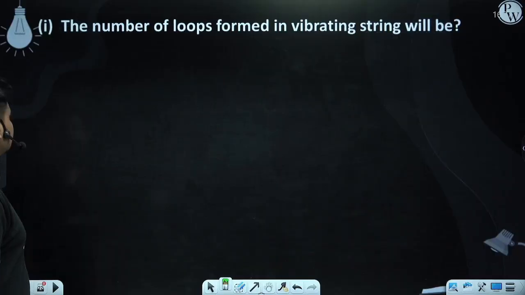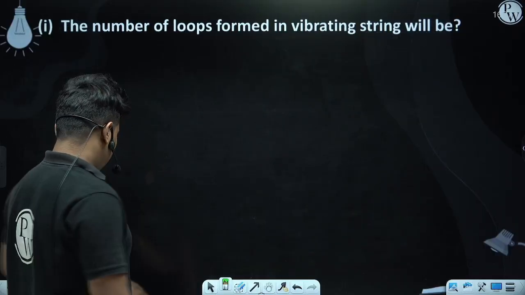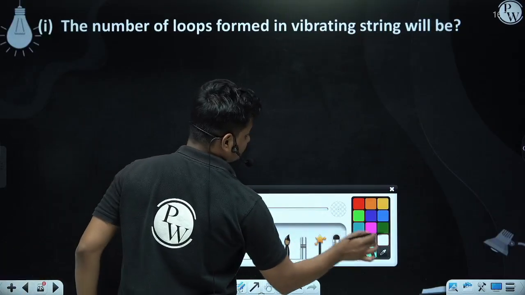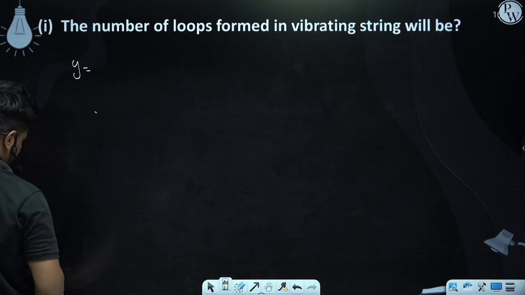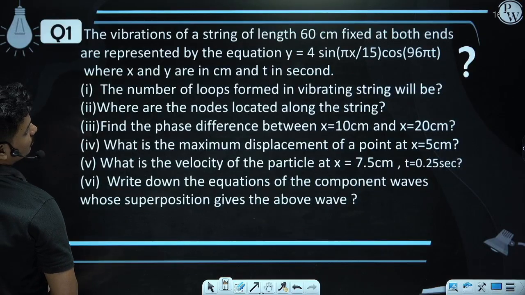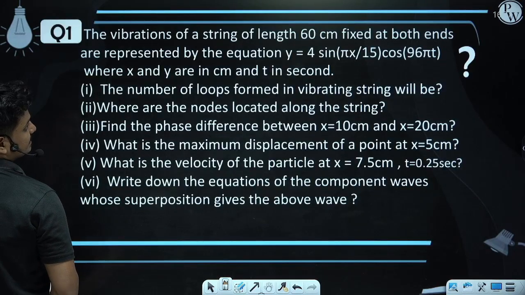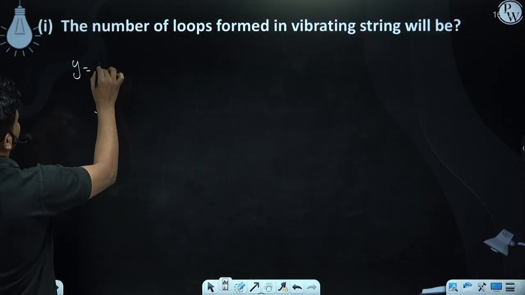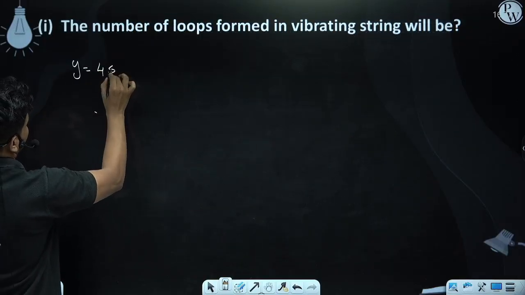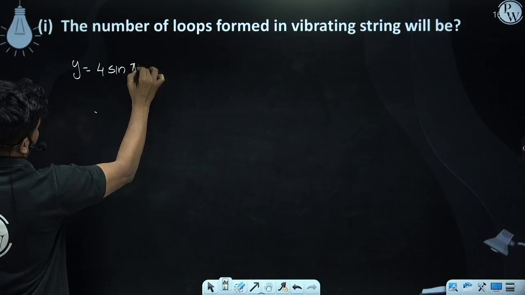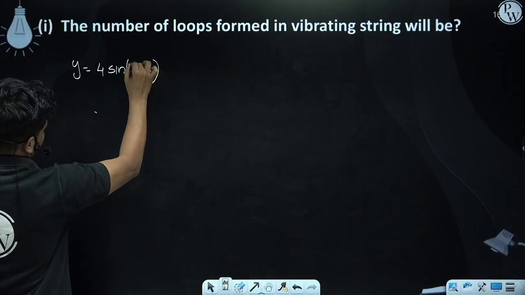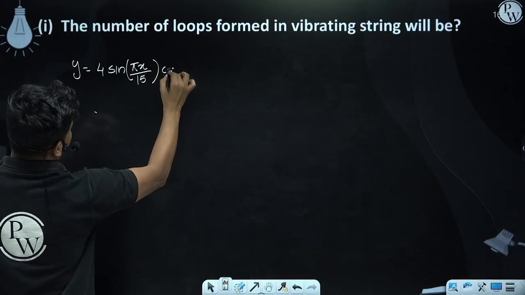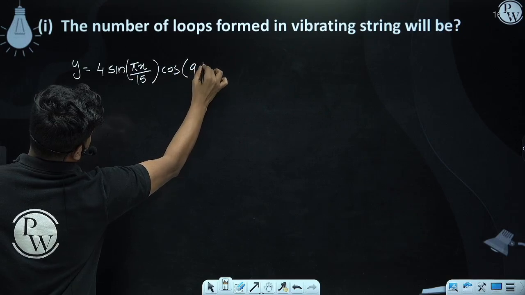Okay, so we can start the problem. What is our wave expression? Y is equal to 4 sine pi x by 15, then cos 96 pi t.